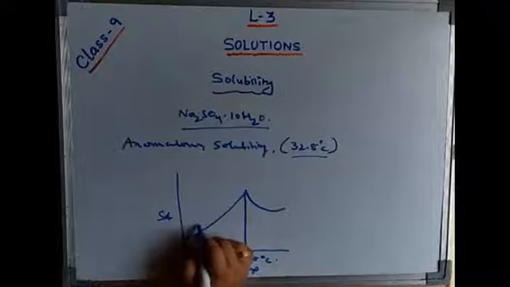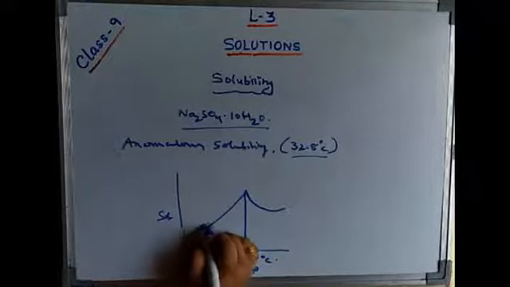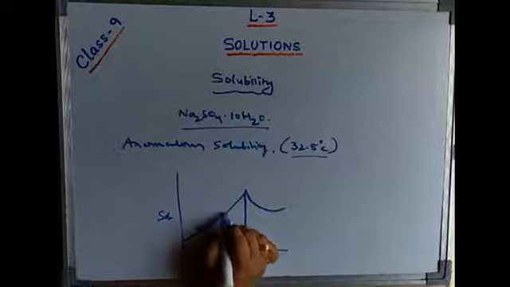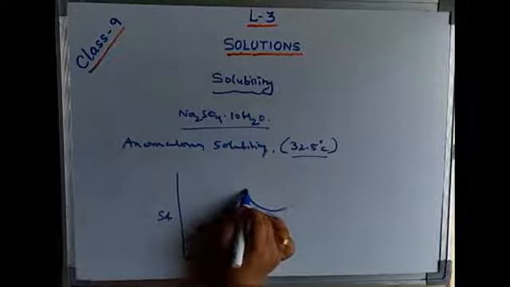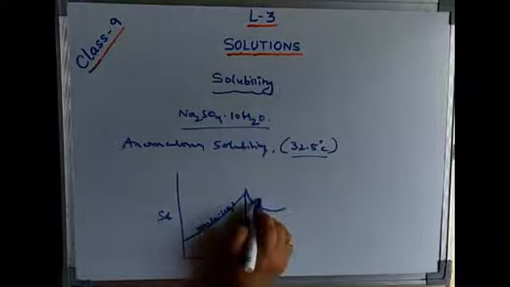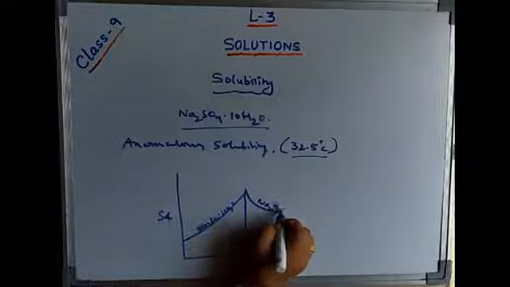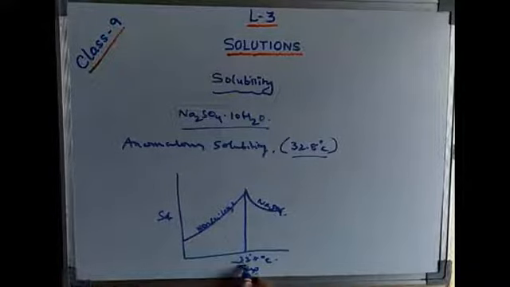It remains in a hydrous form, Na2SO4.10H2O, till 32.8 degrees. As soon as it reaches there and comes down, it becomes only Na2SO4, which means it becomes anhydrous. So this temperature plays an important role. That's why it comes under the category of anomalous solubility. Please remember this one, which behaves as a typical type.